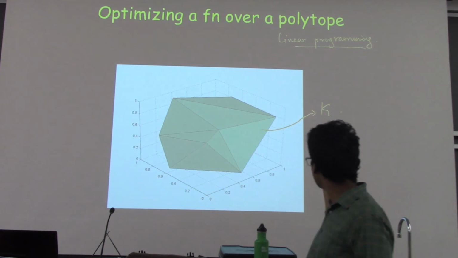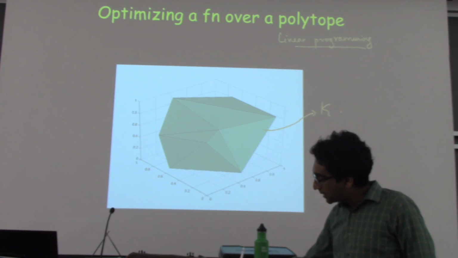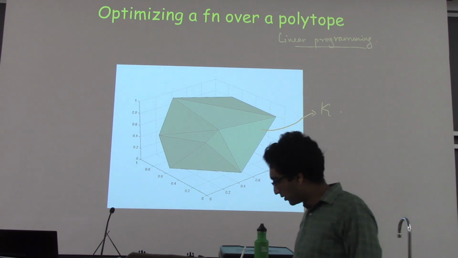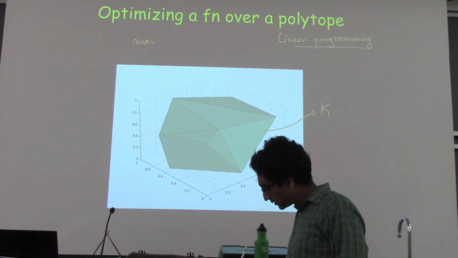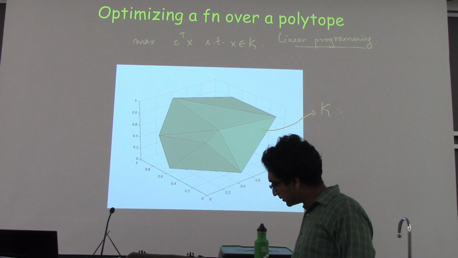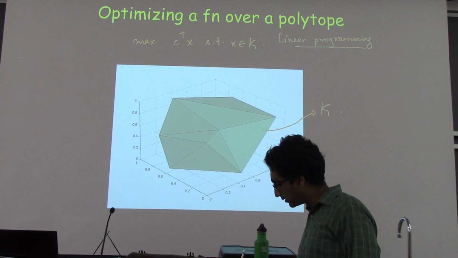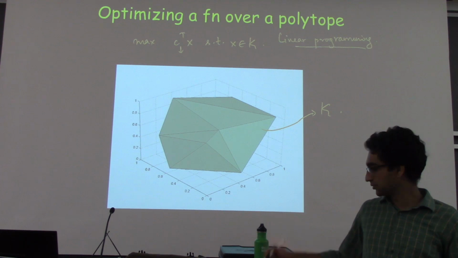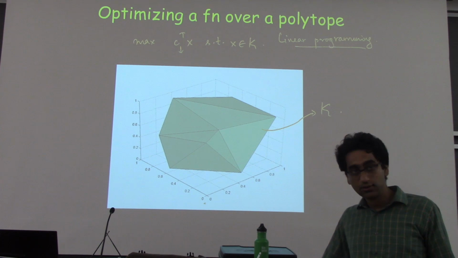So this is just some polytope, and you want to maximize a linear function over this polytope. So you want to maximize c transpose x subject to x being in this K. Think of c as an n-dimensional vector. So all this action is happening in n dimensions. In this figure, n is 3.